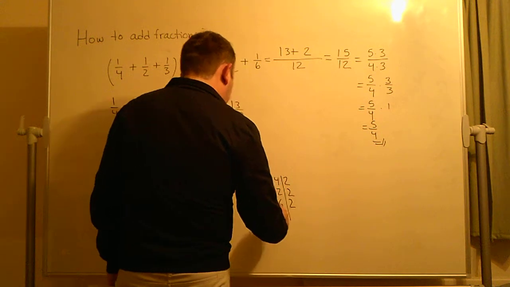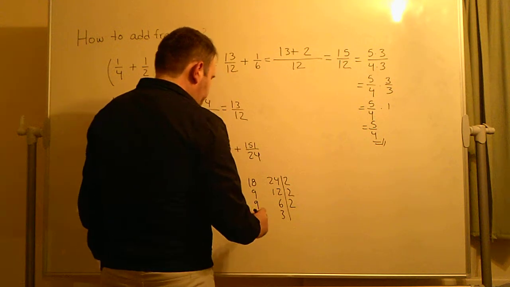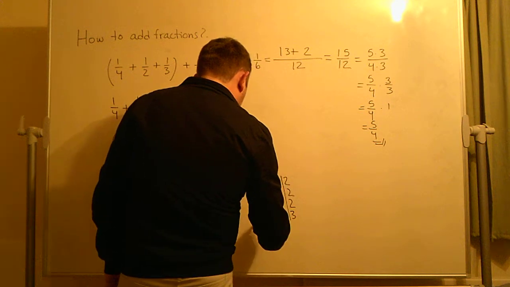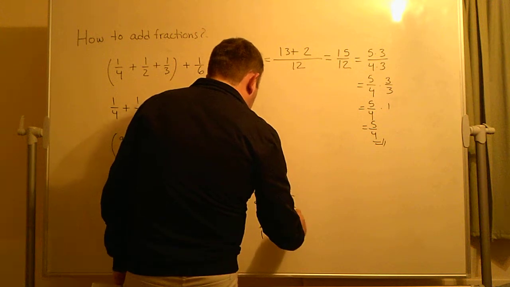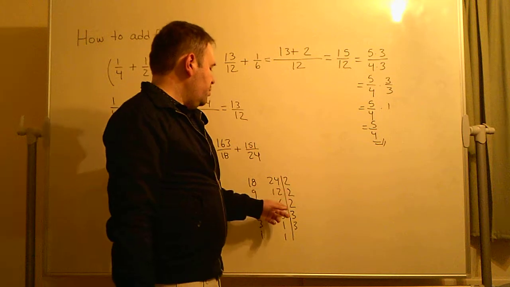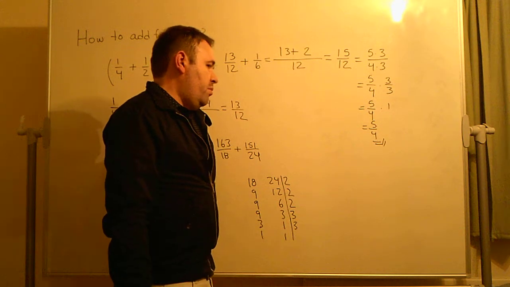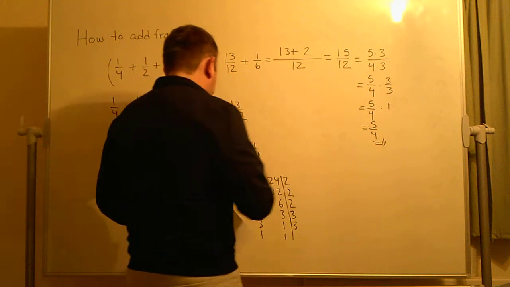Again, divide by 2, then we will have 3. Then we bring this 9 down. And then we divide by 3, and then we will have 1, and then we will have 3, and then we divide by 3 again, and then we will have 1 and 1. So our least common multiple would be 2 times 2 times 2 is 8, times 3 is 24, times 3 would be 72.